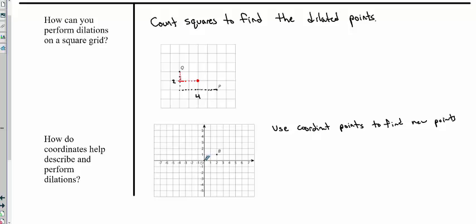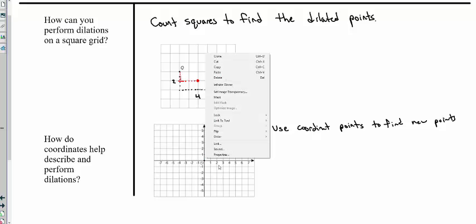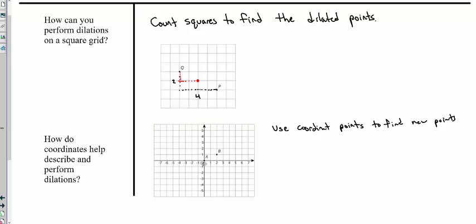So for example, if we are using A as the center of dilation, and we want to dilate B using a scale factor of 3 with the center A. So without drawing a line and without counting, I know that this B is coordinate point 2 and 1.